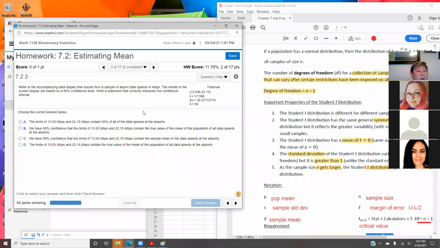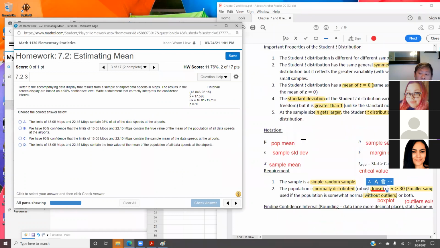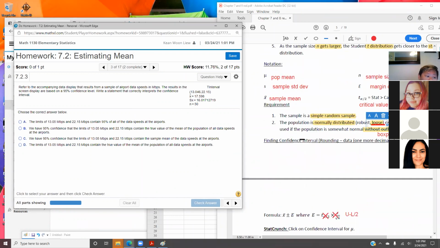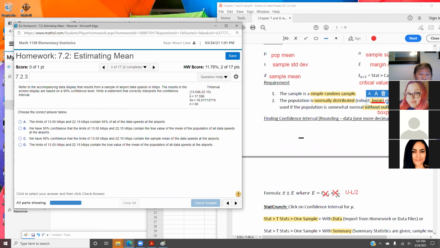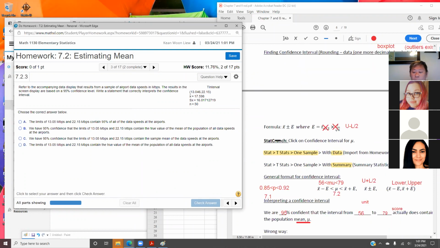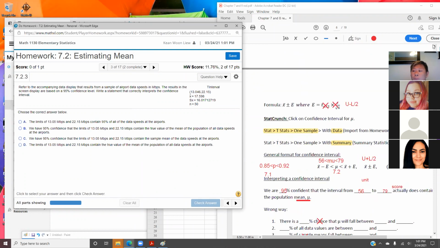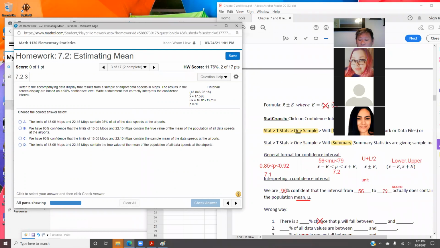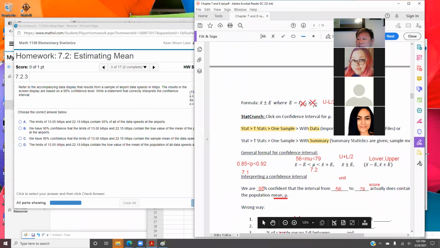Number 3. Again, they give you this and want you to interpret. Remember how we interpret a confidence interval? Is that A, B, C, or D? Very similar to what you learned in 7.1.